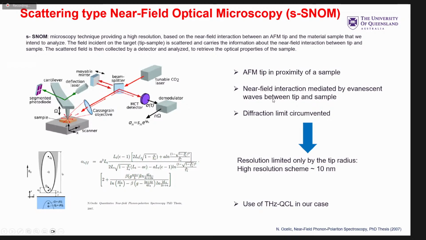And the near-field interaction between this tip and the sample is mediated by evanescent waves, so that the diffraction limit is circumvented and the resolution is only limited by the size of the tip, which is typically tens of nanometers. In our configuration, we will consider a terahertz quantum cascade laser as a source.